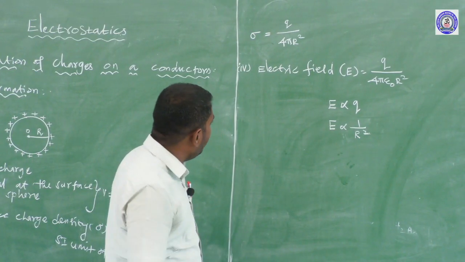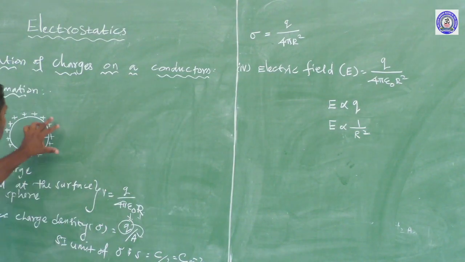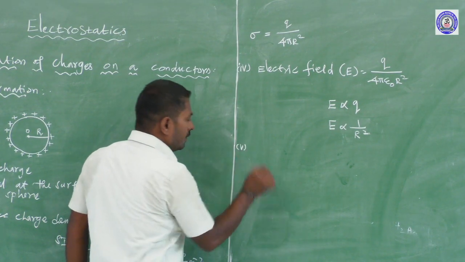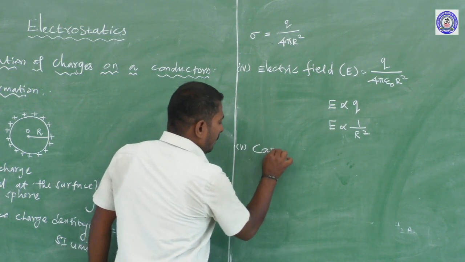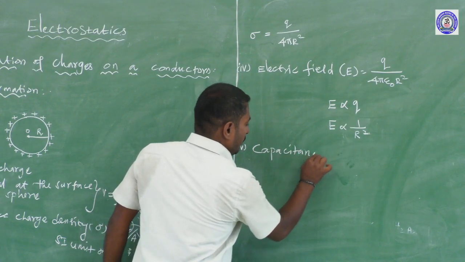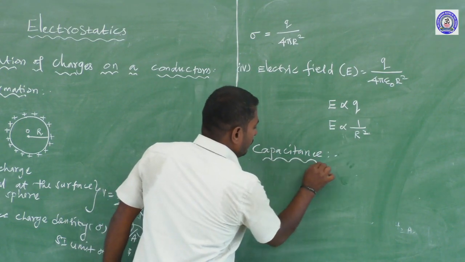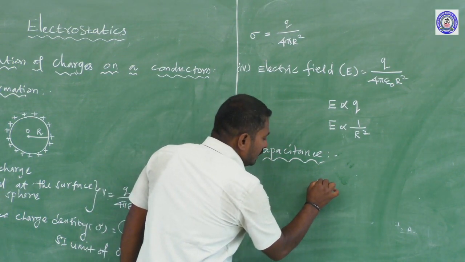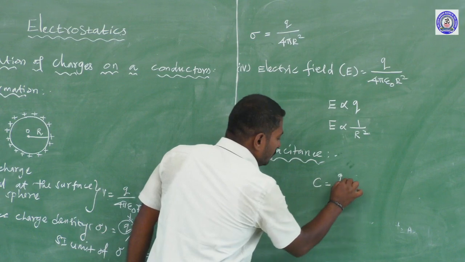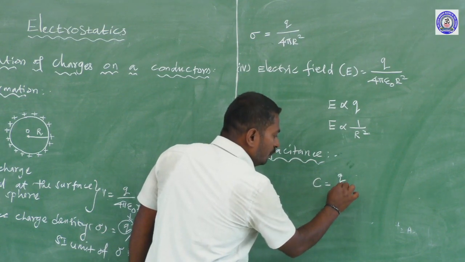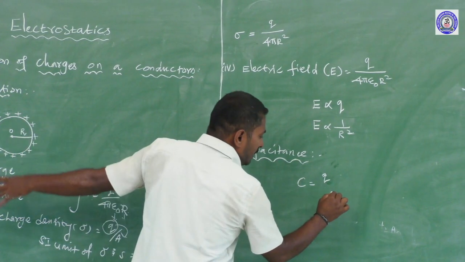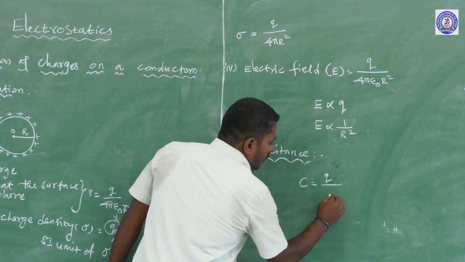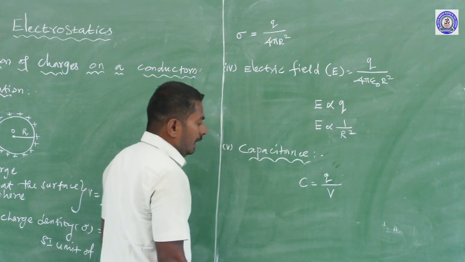Then another basic information, the fifth one, capacitance of a uniformly charged spherical conductor. Capacitance of a spherical conductor C is equal to the charge uniformly distributed over its entire surface divided by the potential of the metallic conductor.